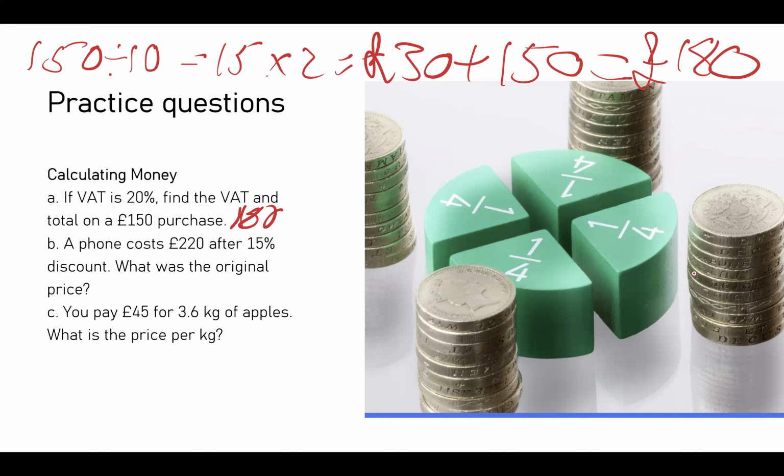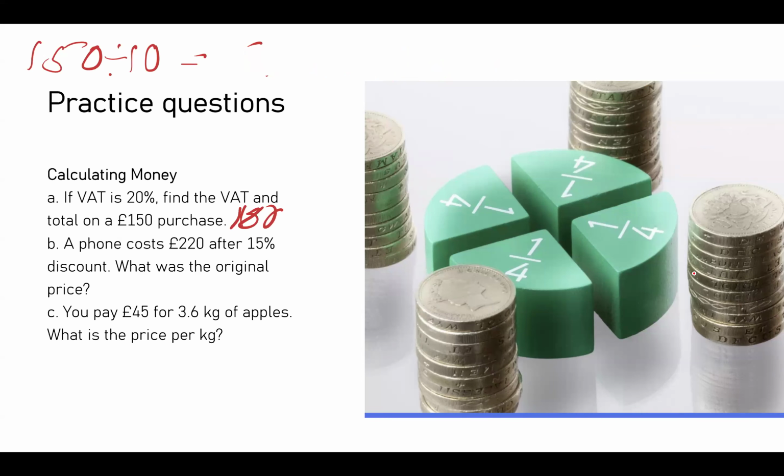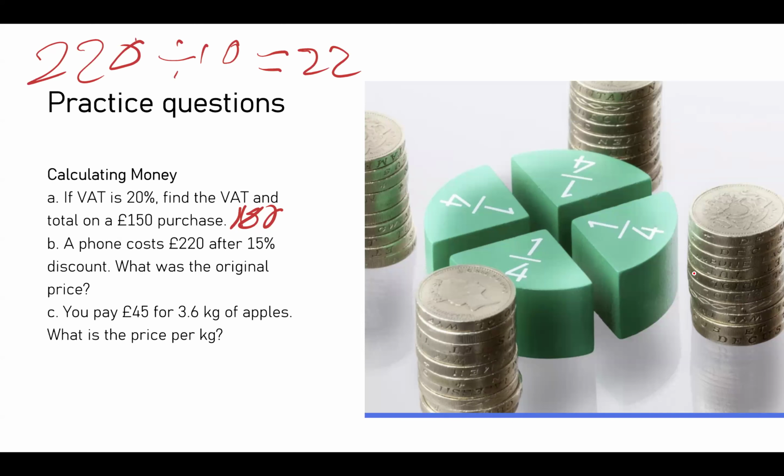So a phone costs £220 after a 15% discount. What was the original price? So with this one, what we need to work on is the opposite, the increase. So 220. If we find out 15% of it, divide by 10 equals 22, divide by 2 which equals 11.